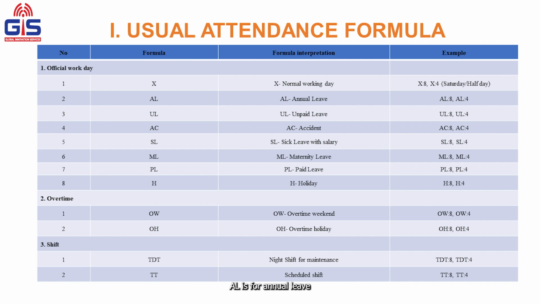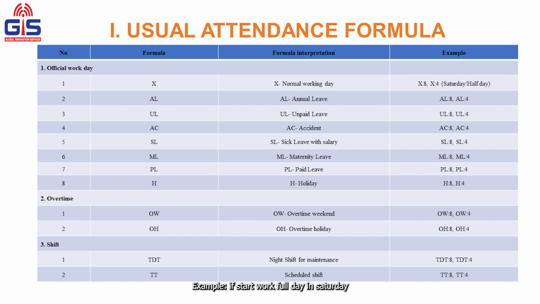AL is for annual leave, UL for unpaid leave, AC for accident, SL for sick leave, and so on. For overtime or overtime shift, besides the official workday formula, we add more formulas for overtime or overtime shift.